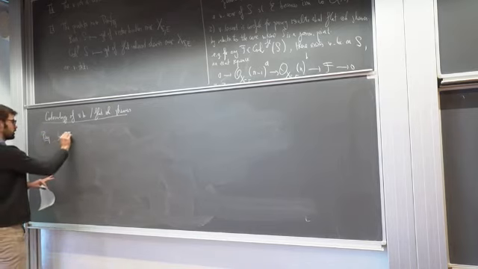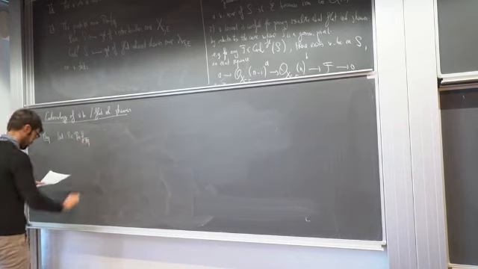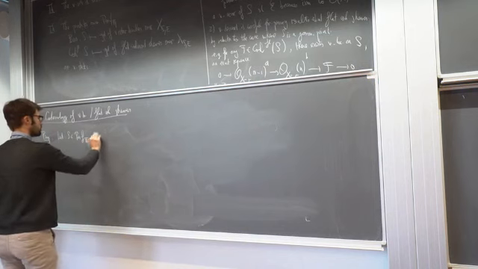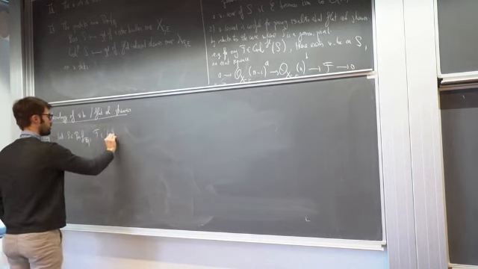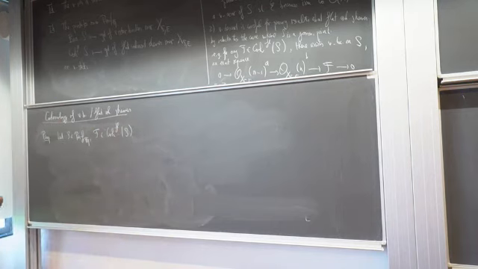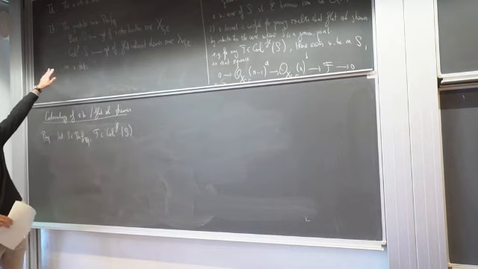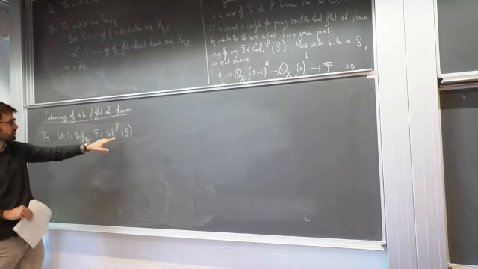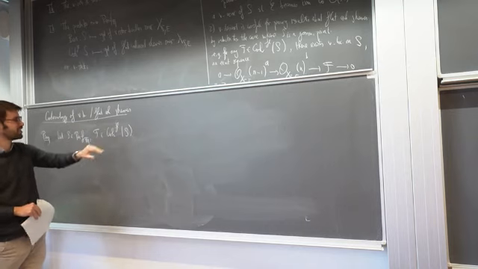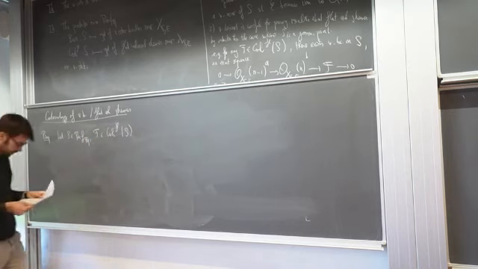Again, I fix S a perfectoid space over F_q. And I also choose a flat coherent sheaf F on X_S. I insist on the fact that this really means a flat coherent sheaf on X_S, not on S itself.